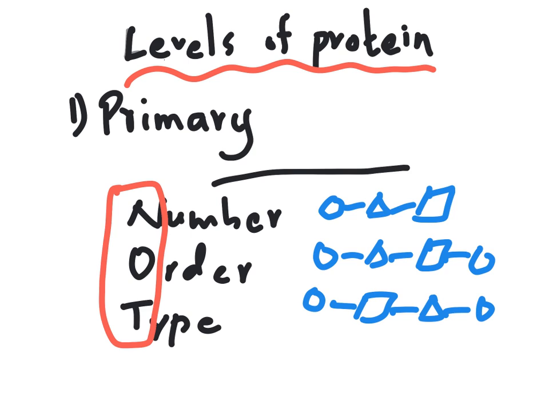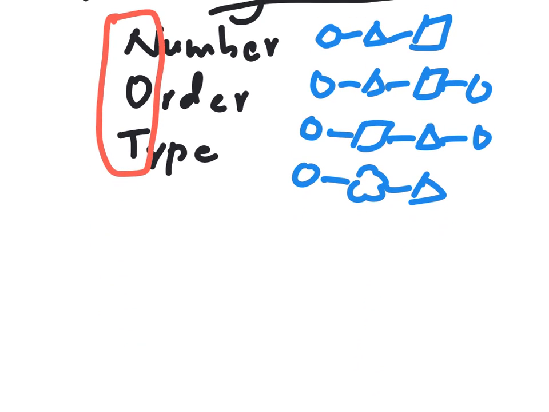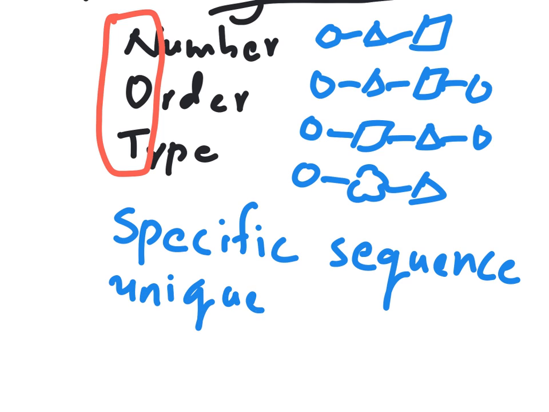And if the type is different, again different, right? So using one single phrase, instead of number, order, type, you can use the words specific sequence of amino acids, or we can also say unique sequence, right? Either is correct.